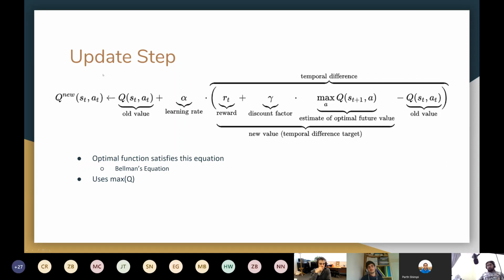And that optimal policy is going to be the limit. If this process converges over time, the optimal function will satisfy this equation.